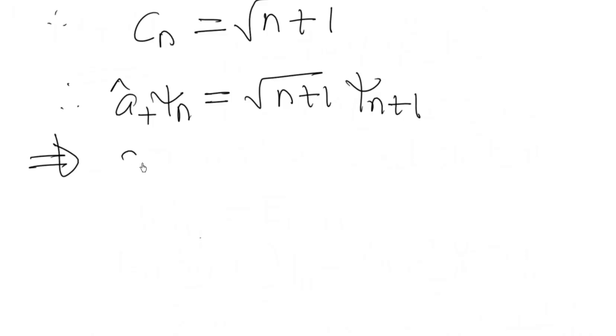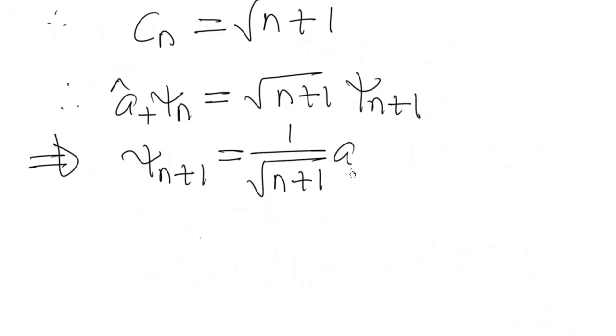From this, psi n plus 1 can be written as 1 divided by square root of n plus 1, and here a plus psi n.